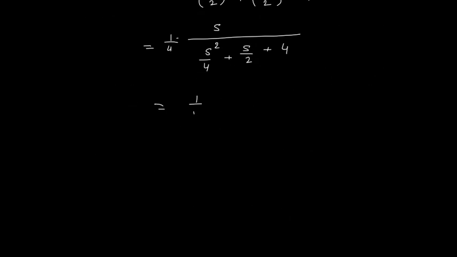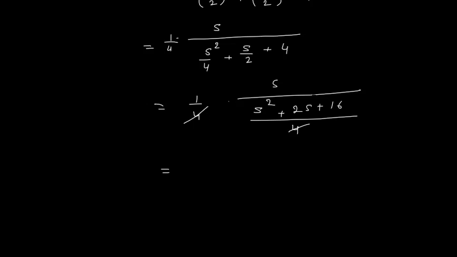What we will do, we make the denominator the same, so it will be s square plus 2s plus 16 whole divided by 4. So this 4 and this 4 will cancel, and finally this is equal to s upon s square plus 2s plus 16.